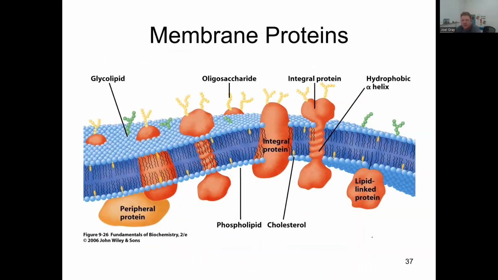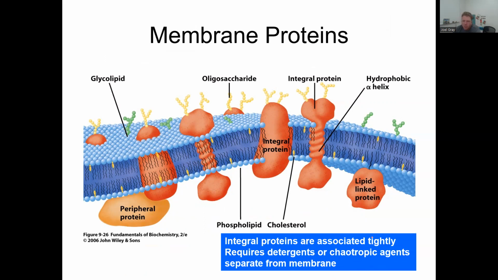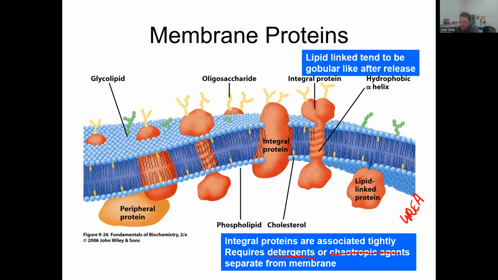Here's another display of basically that same information, just with space filling. Integral proteins are tightly associated, and in order to get them out of this membrane, you're going to have to use a detergent and or a chaotropic agent, which we've talked about previously, something like urea, to disrupt that.